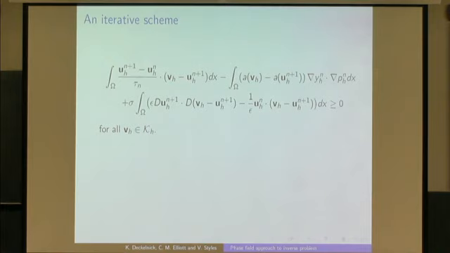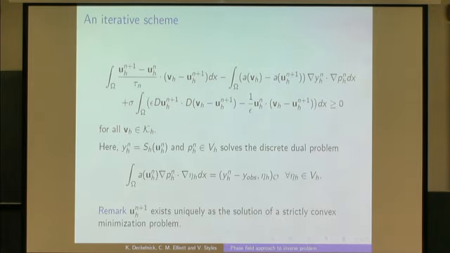The first question is, does this problem have a solution? Given u^n, you start with some initial value and you are at level n, then you want to calculate u^(n+1), and this can be done.